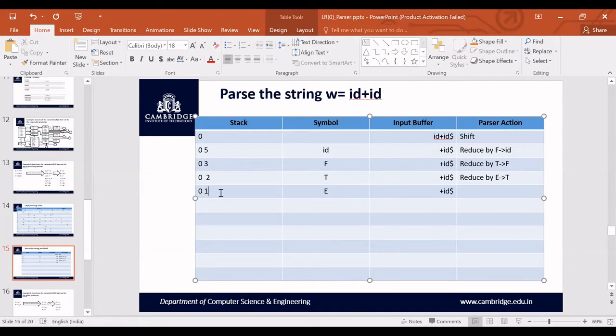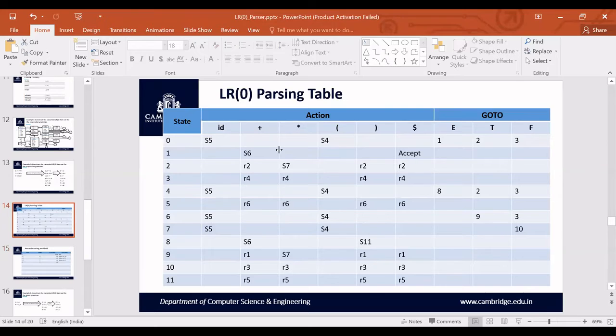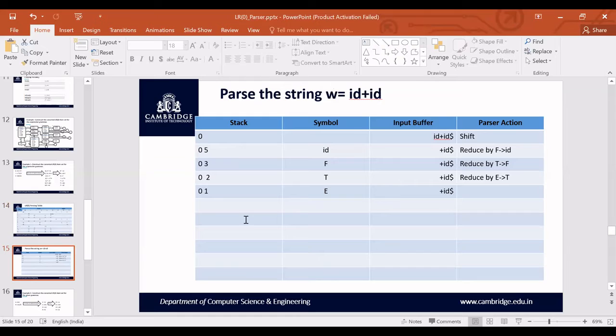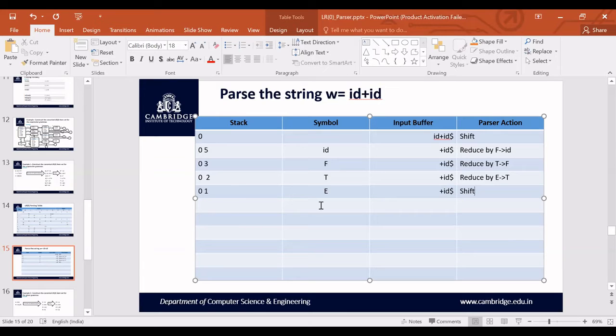Once you are done pushing 1 onto the stack top, take a transition of state 1 on plus. 1 on plus is S6. What does S represent? Shift operation. So shift 6 onto the stack top. 0 is already there, 1 is already there.